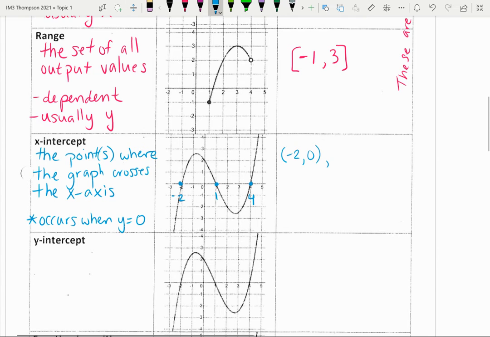I'm going to separate my answers by a comma because that's what the online homework asks me to do. So practice it here. Then I hit the point 1, 0. And then 4, 0. Whenever you're talking about x-intercepts, the y value should be 0.